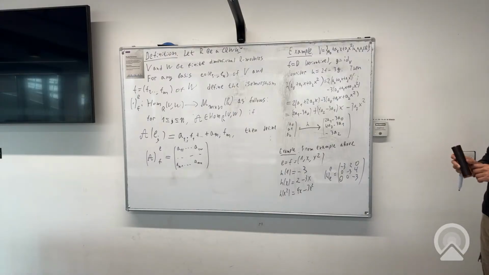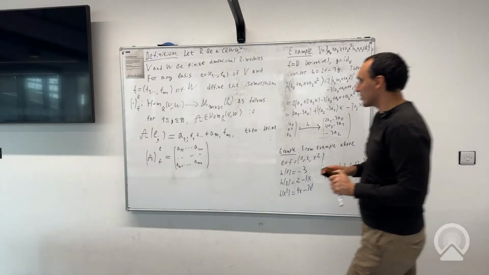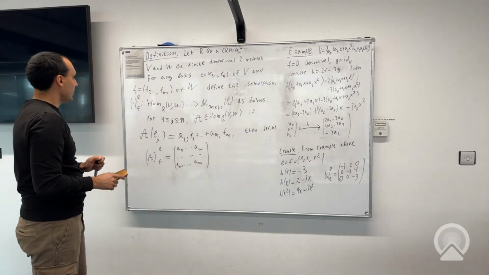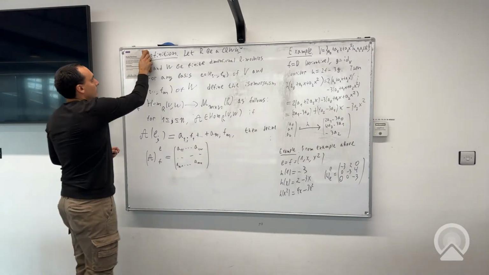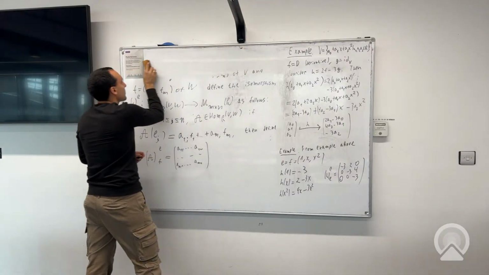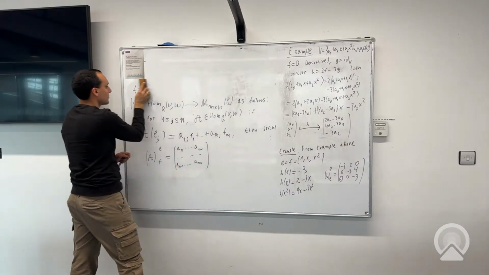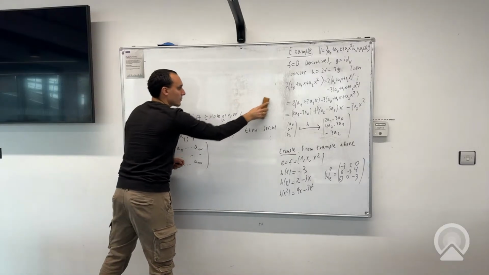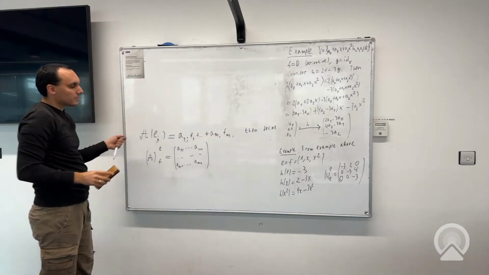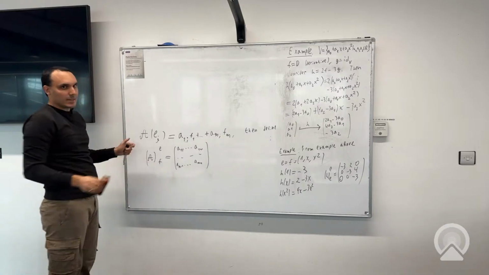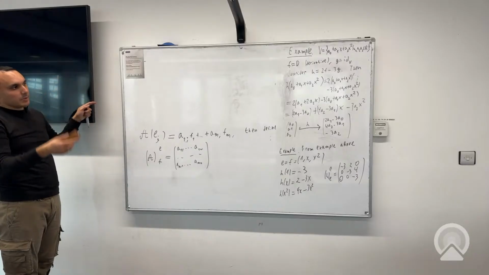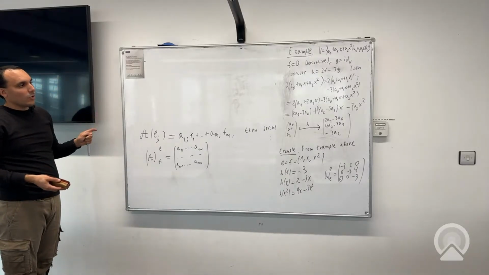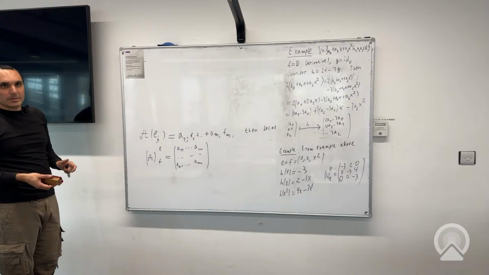So now, why is this definition made that way? We have a very interesting proposition. That's why in more elementary courses of linear algebra, everything is done with matrices, because for finite dimensional spaces, all vectors can be represented as tuples, and all operators can be represented as matrices.